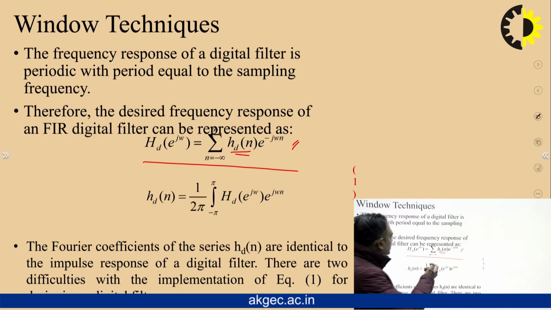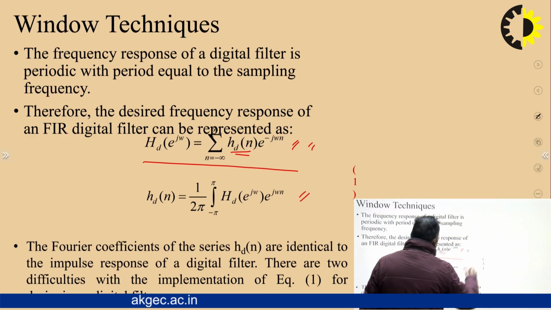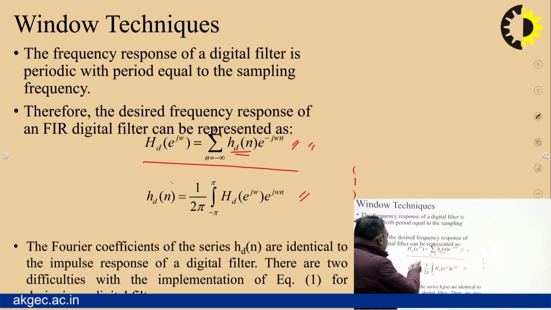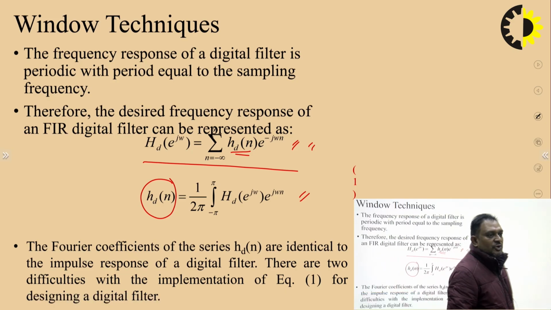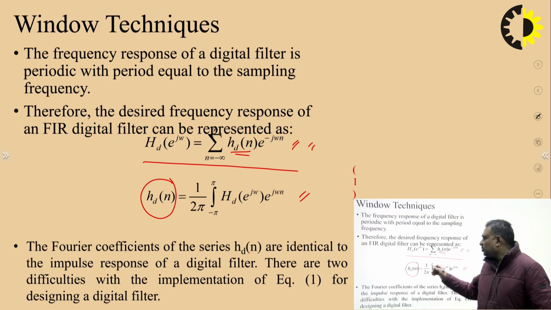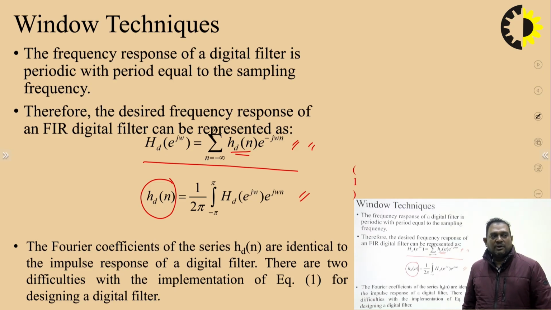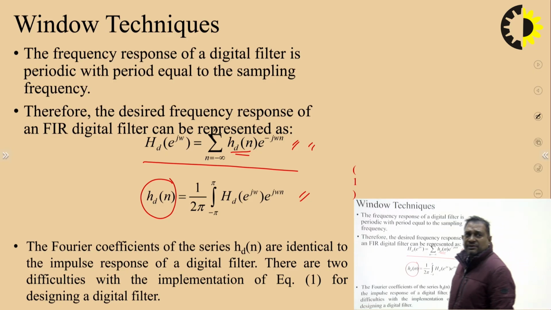This is the synthesis equation, and this is the analysis equation. By this equation we can find the impulse response values corresponding to this frequency response. The limit is minus pi to pi, because the DTFT repeats itself after a period of 2 pi, and the spectrum of the DTFT is continuous in nature.